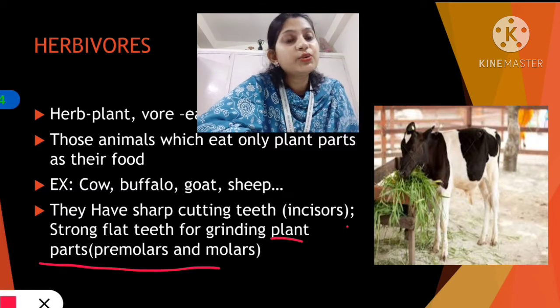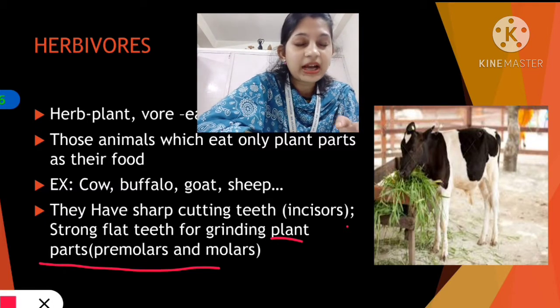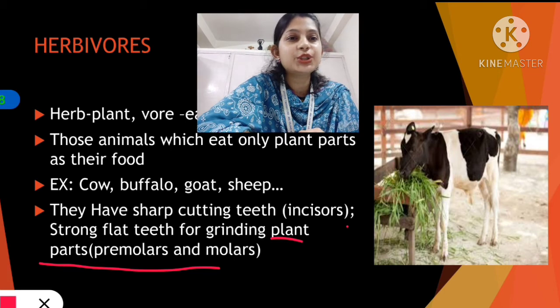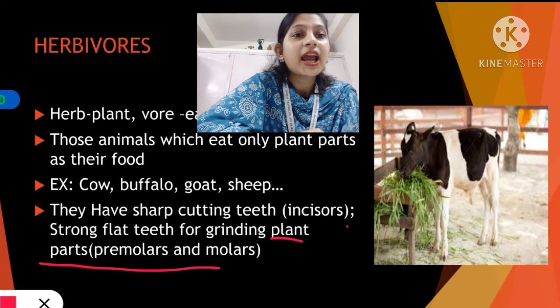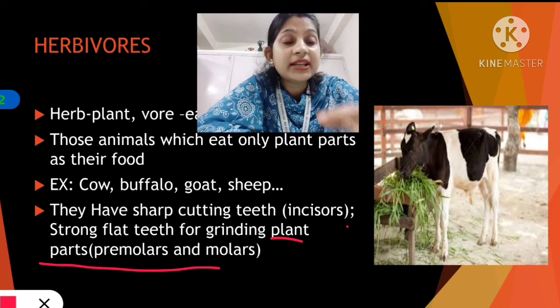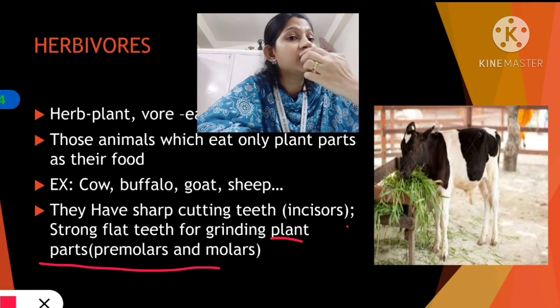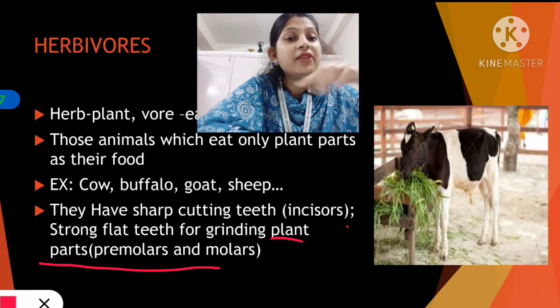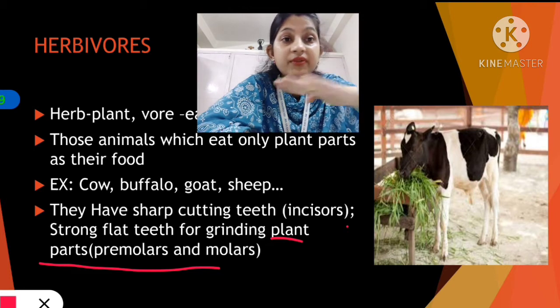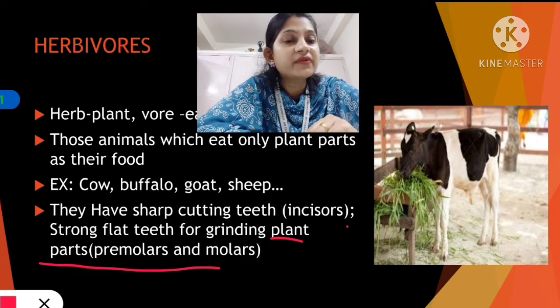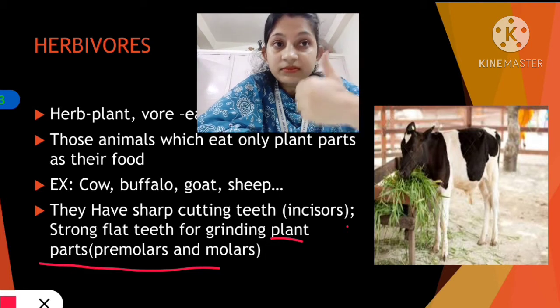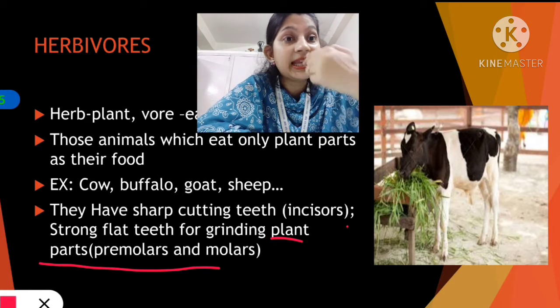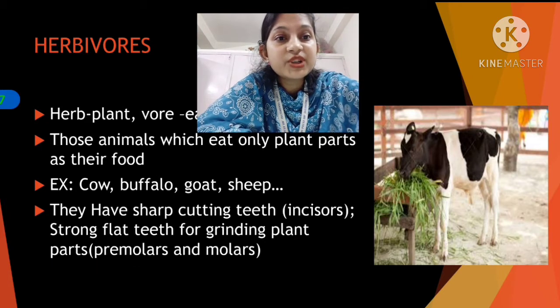You might have seen cow, buffalo continuously chewing, isn't it? And that grinding is possible just because of their flat premolars and molars. They are having very flat ones. Just because of that they are able to grind it. This is a modification inside their mouth, especially teeth.